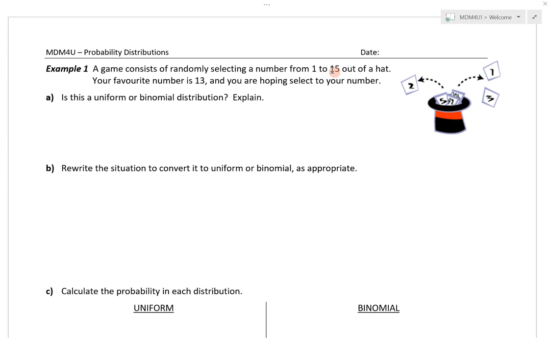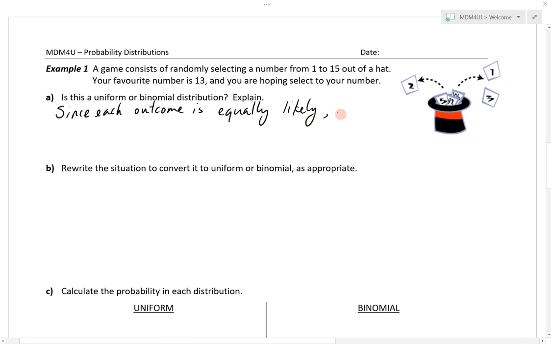Since each outcome is equally likely, with probability P of x equals 1 over n, which is 1 over 15, this is a uniform distribution.